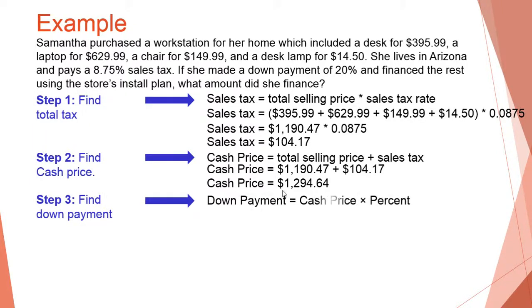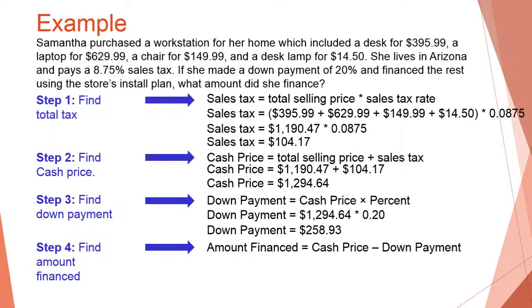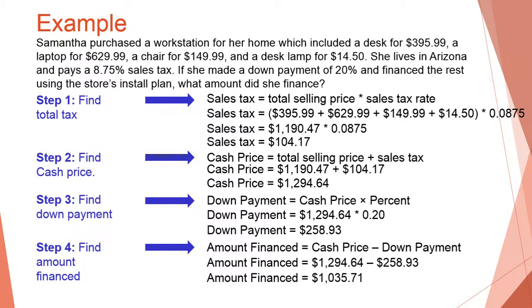So down payment is the cash price of $1,294.64 multiplied by 20%, giving us the down payment of $258.93. Last step is find the amount financed, which is cash price minus down payment. That gives us a total of $1,035.71.